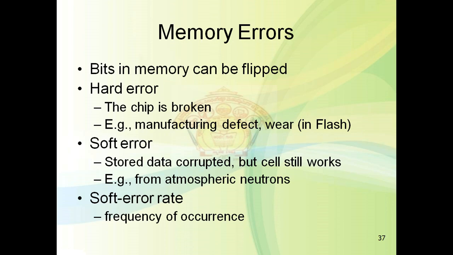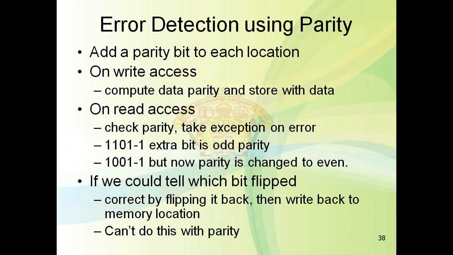Then how can we detect whether an error has occurred or not? Error detection is done by using a parity bit. You know parity; there are two types, odd parity and even parity.